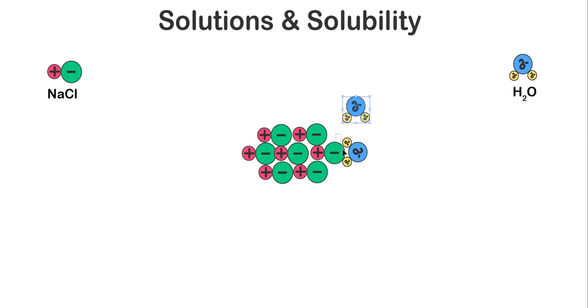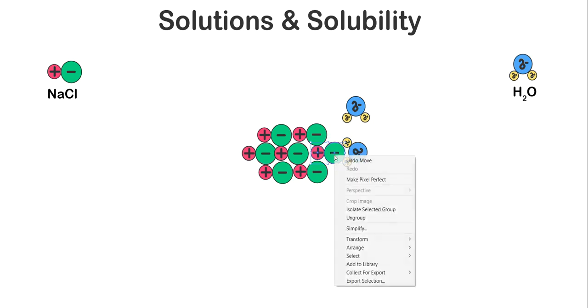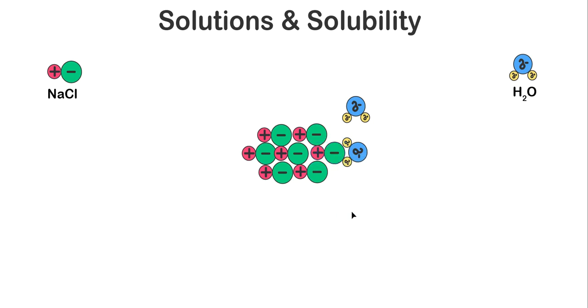Let's ungroup that. If we could try one more time. There we go. So if the water can get in between there, it can surround that negative with the positives on the hydrogen.